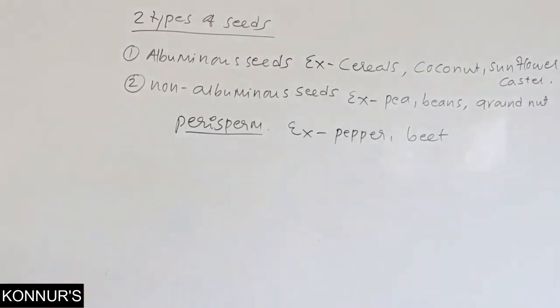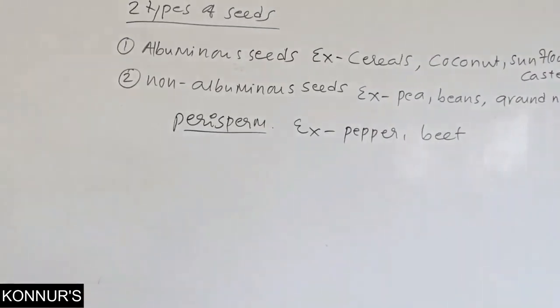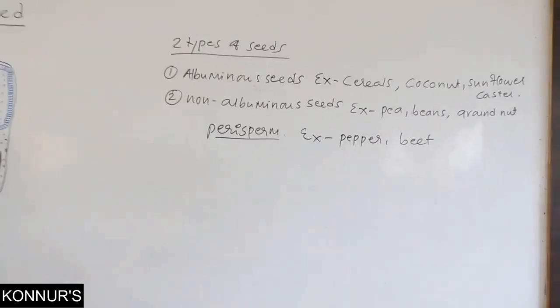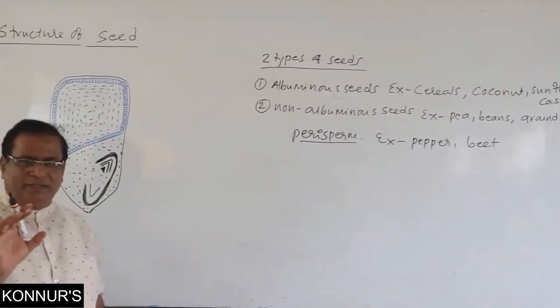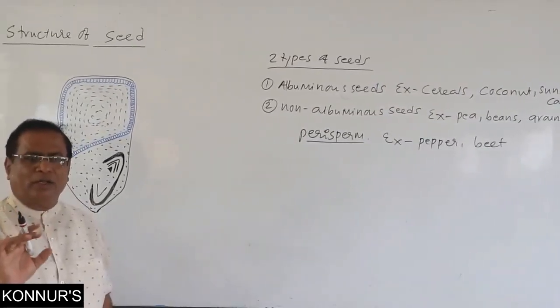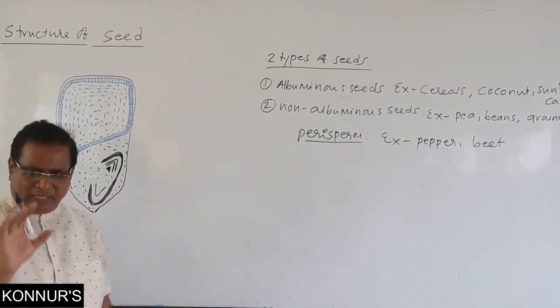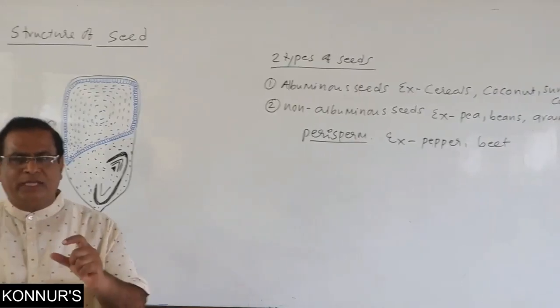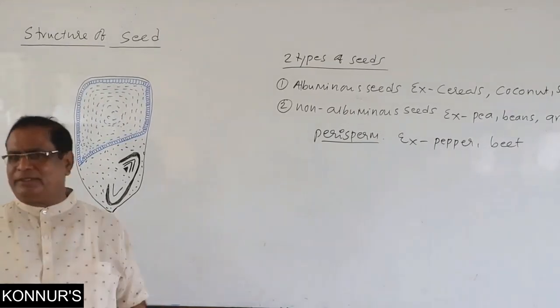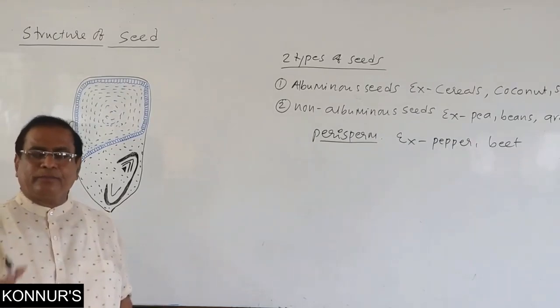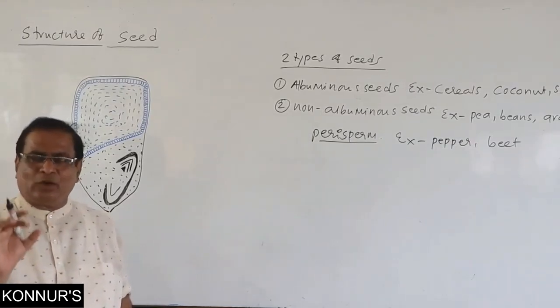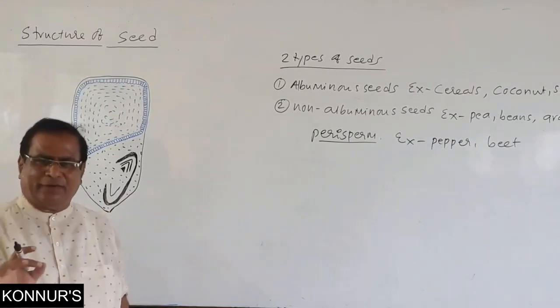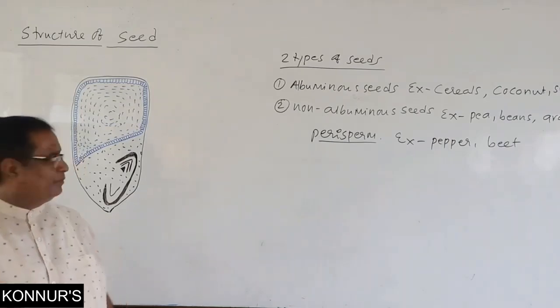Already we know seeds are the final products of sexual reproduction, and seed is formed from the ovule after fertilization, and the coverings of ovules, named integuments, become the seed coat, a hard, tough seed coat.